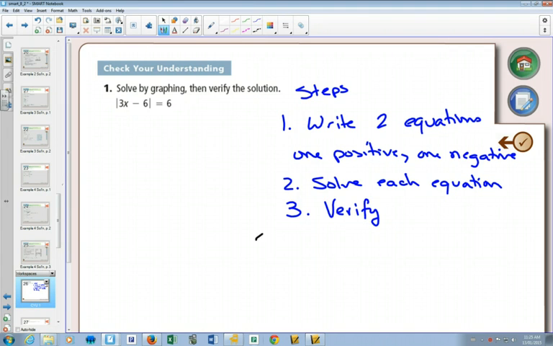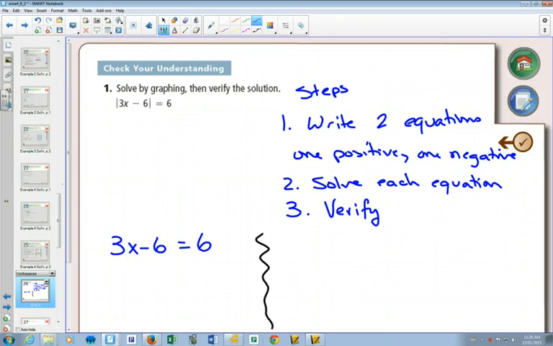So I'm going to split my page in half so that I can write both my equations. If the absolute value of 3x minus 6 is equal to 6, one possibility is that the 3x minus 6 is already a positive 6, and then the absolute value wouldn't matter.